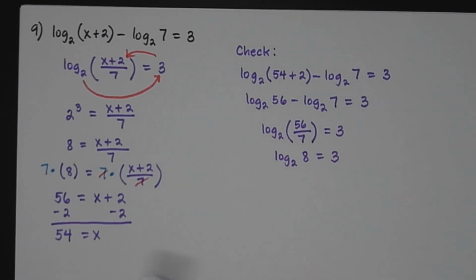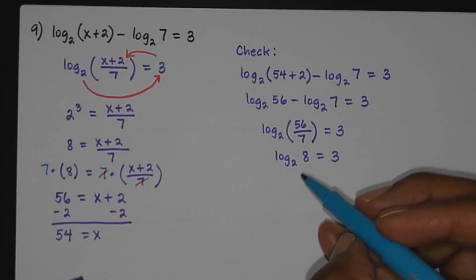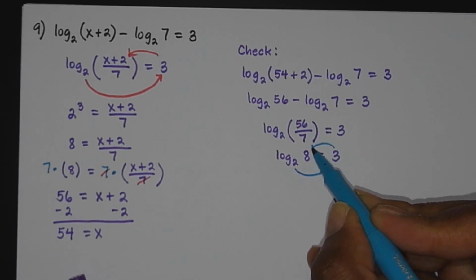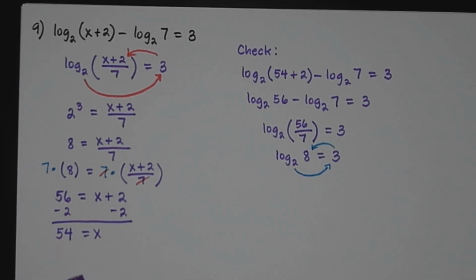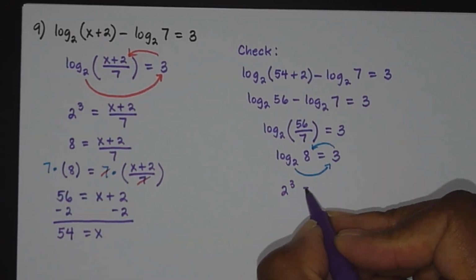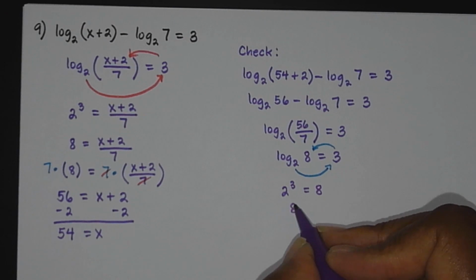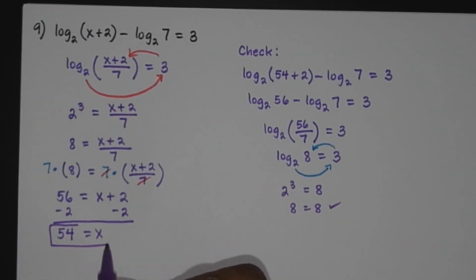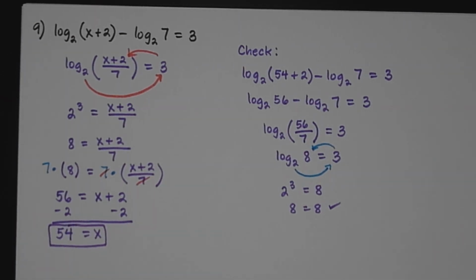And if I convert that into its equivalent exponential form, it'll be 2 to the third equaling 8. And of course, 2 to the third is 8. So that checks. So x equals 54 is the solution to that logarithmic equation.